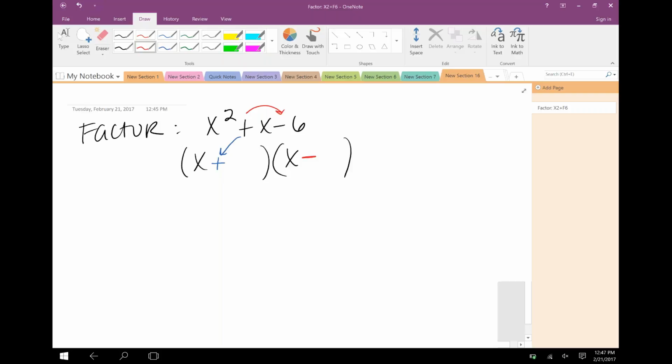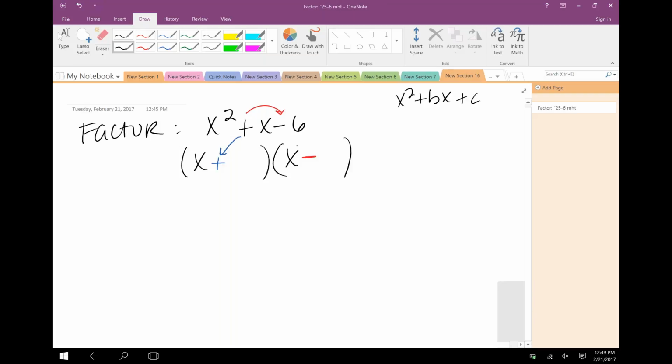Now you need two numbers that will multiply to give you your C, or 6, and then subtract to give you your B. When I'm talking about C, this is x squared plus bx plus c.